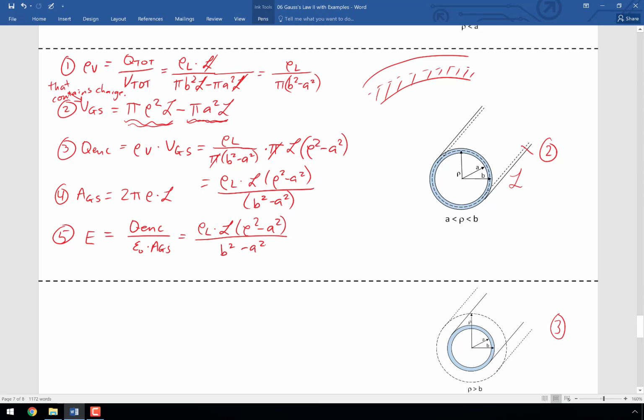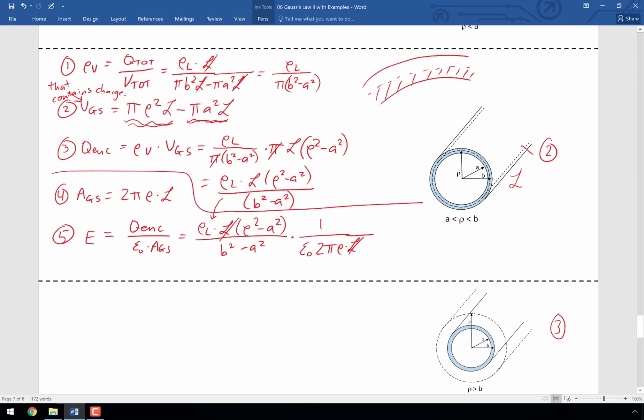So all I did was I took the charge enclosed. Hold on just a quick second. Yes, so I messed myself up by doing this. So I'm just drawing this. So here, this Q enclosed right here just goes down to here, and then multiplied by, I need to put an epsilon in the denominator, epsilon 0, and then I also need an area of the Gaussian surface in the denominator, so that's 2 pi rho times L. The L's are going to cancel.